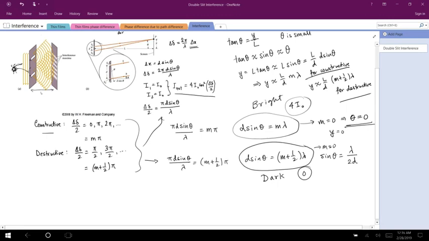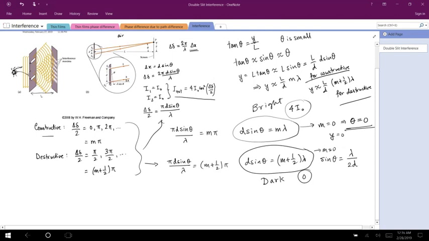We can figure out the distance between, let's say, two bright spots, and that's quite simple to do. We have labeled the constructive, or brights, on the screen by ym roughly equal to, like we found, m lambda L over D, right?